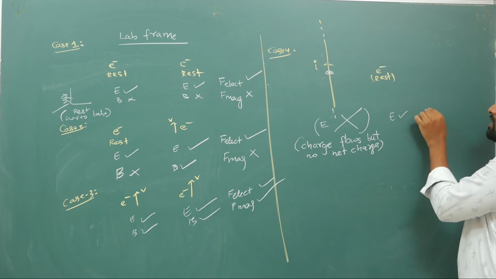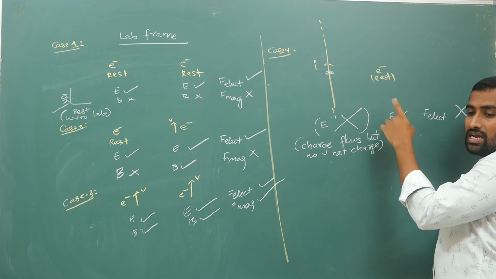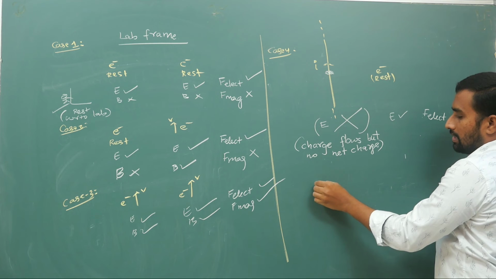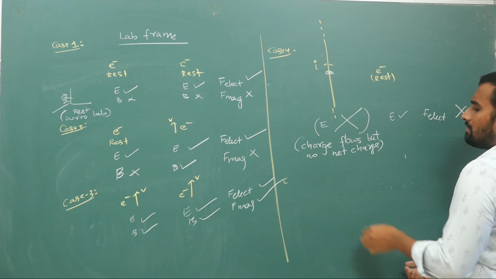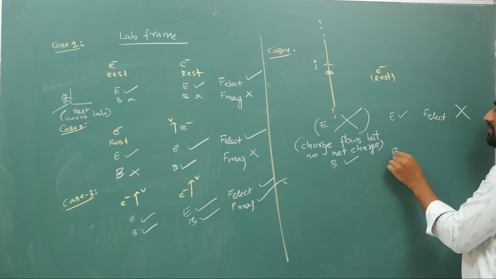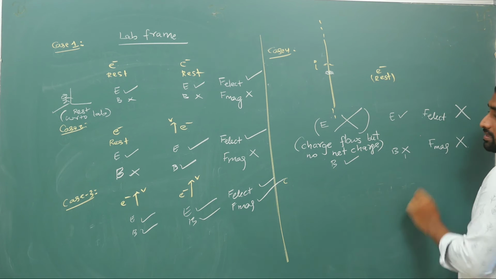So there is no electric force in this case because one is producing field and the other one is not. Next, if you take magnetic field here, this produces magnetic field, this is not producing, so there is no magnetic force here either.